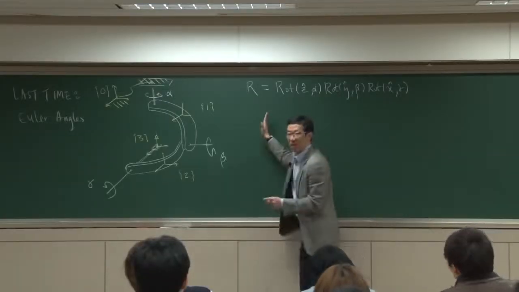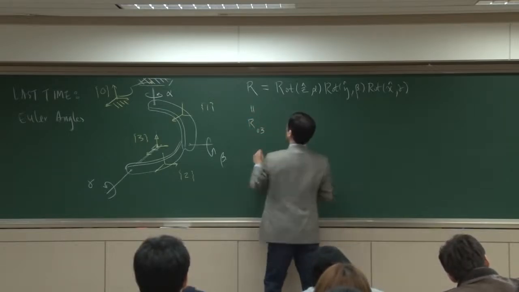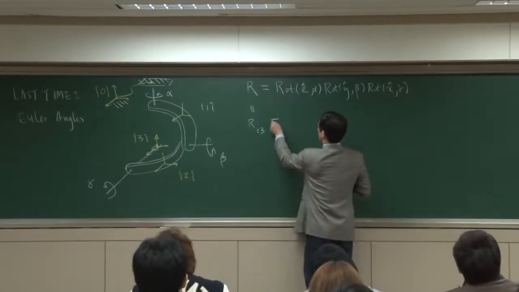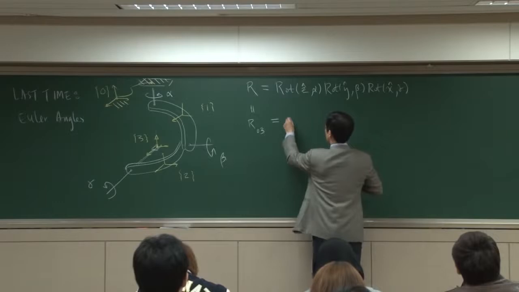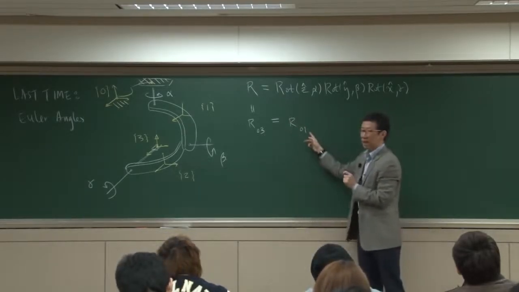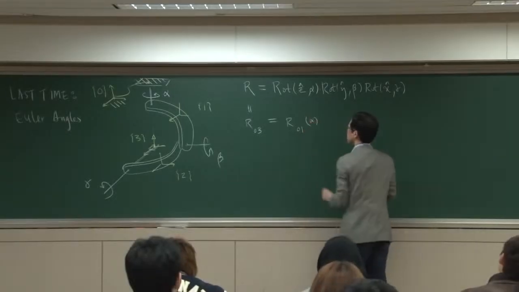I'm not going to write it down again. So where did this come from? Well, this came from the observation that our R is in fact R03, and this is just R01, frame 1 as seen from frame 0. So imagine yourself standing at frame 0, looking at frame 1, and writing down its orientation as a rotation matrix. That's R01, and you'll see that this only depends on alpha.